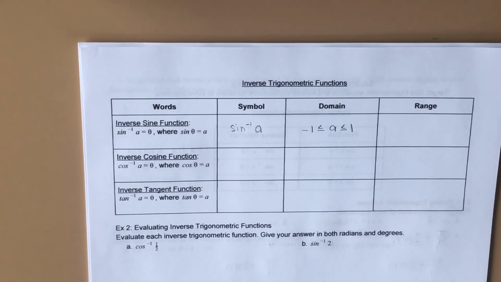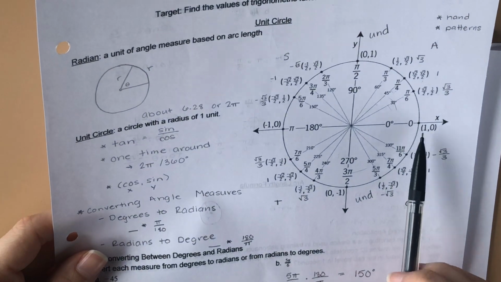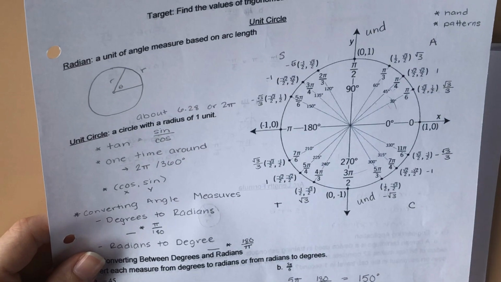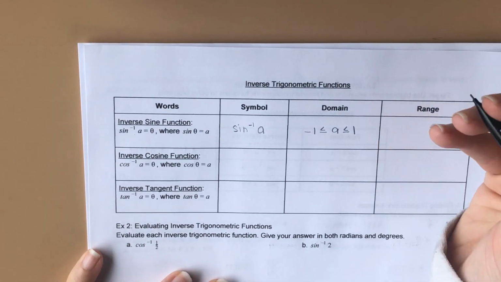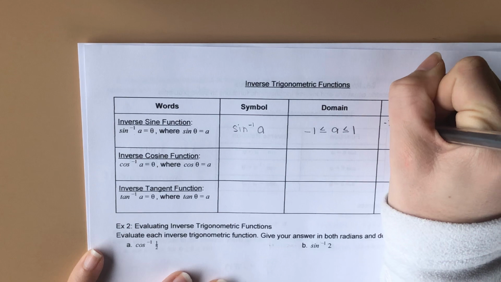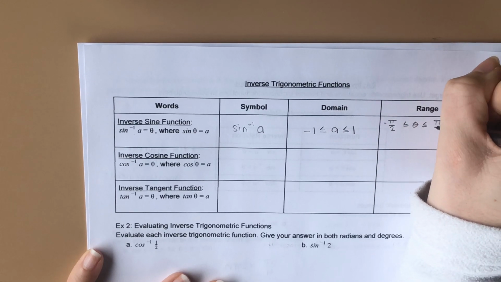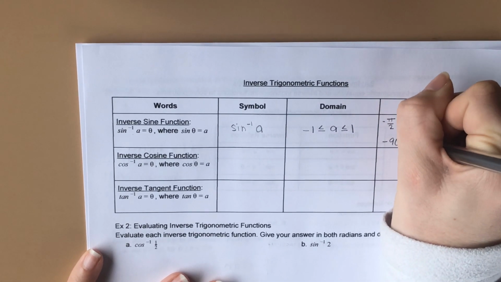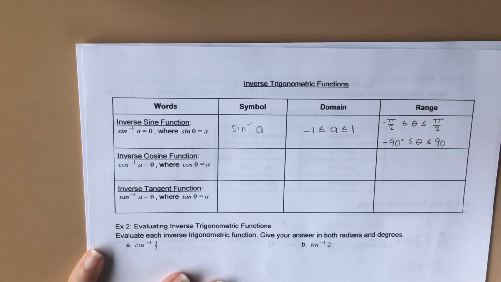Because if you think about the unit circle, if you remember, we're going from 1 to -1. So my domain is always going to be 1 to -1. Okay, my range, so we're once again going to do that -π/2 to π/2. And if you're talking in degrees, that is going to be -90 degrees to +90 degrees.